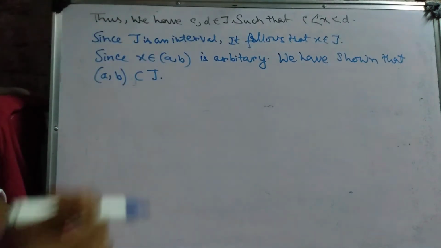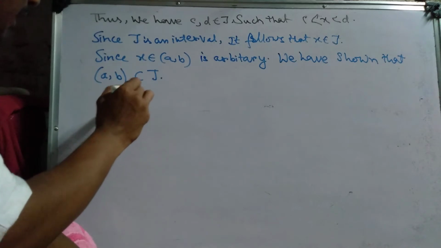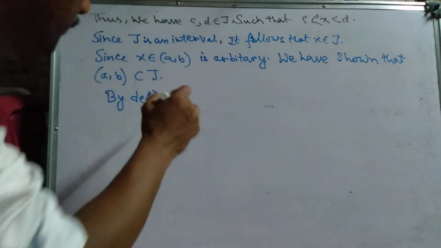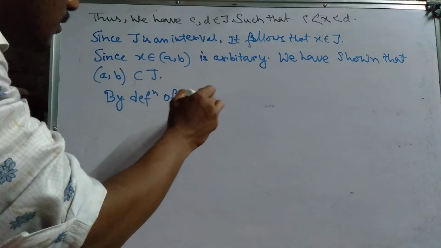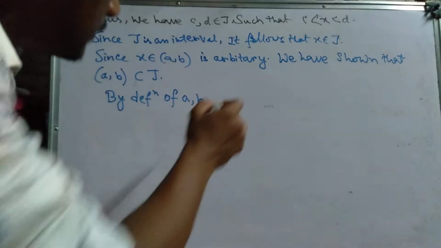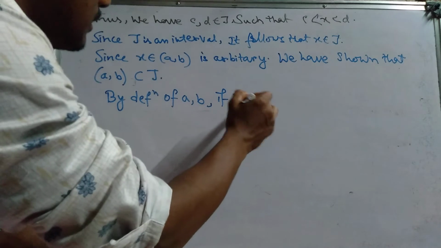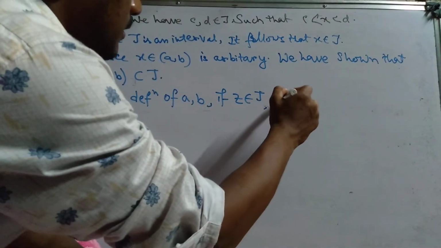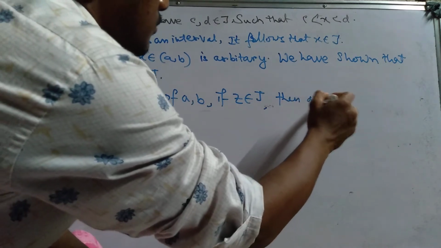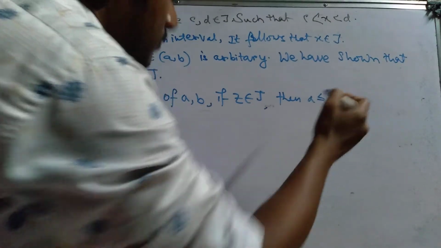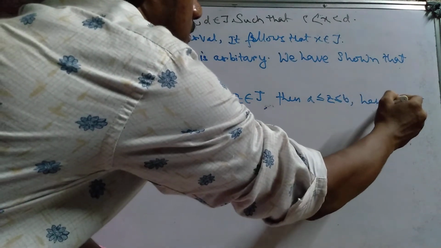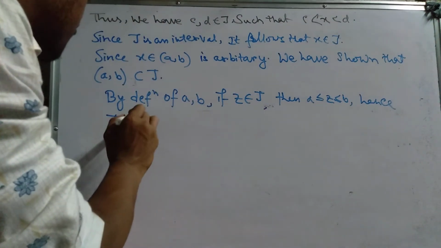By definition of [a, b], if z belongs to J, then a is less than or equal to z less than or equal to b. Hence J is a subset of [a, b].